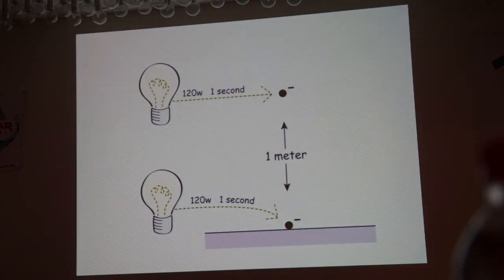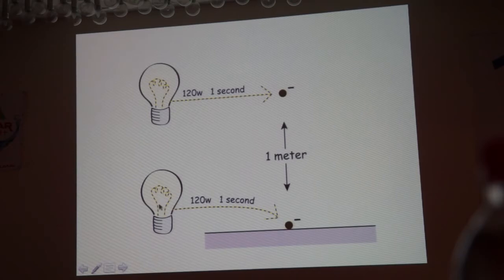Okay, a third one is this. So you take an old-fashioned light bulb, let's say 120 watts. And the way the light bulb works is that you have electrons that flow through the filament, and as they flow through, they give off light and heat. So it's 120 watts, because the numbers come out right. And you collect all the electrons that flow through for 1 second. And then you take those electrons, and suppose you could put them here, and do the same thing with a second light bulb.